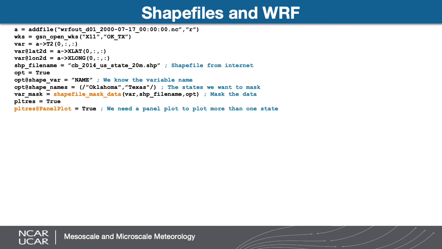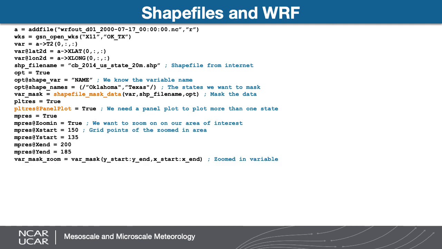Next, we're going to set some plot resources. We want to draw the data that we masked, and we also want to draw the outlines of the states. So we're going to set some map resources here, and we're going to zoom in on our area of interest.